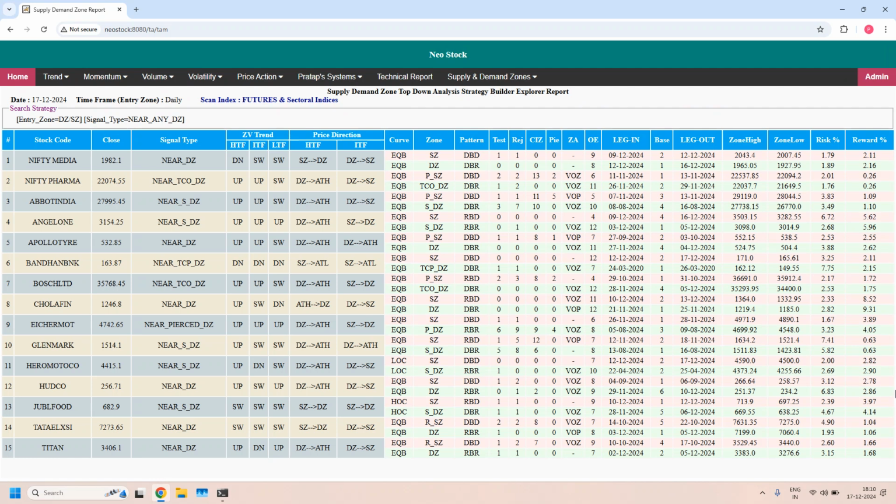Let us identify high liquidity daily demand zones from this list. Abbott is having a high liquidity zone. Angel One having high liquidity zone. Bandhan Bank is having a high liquidity zone.